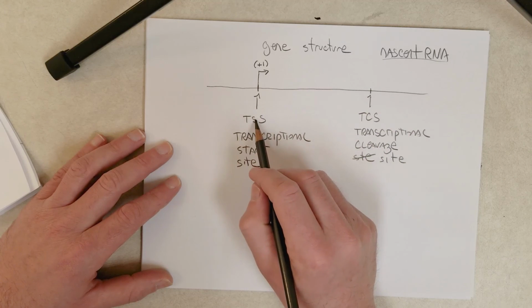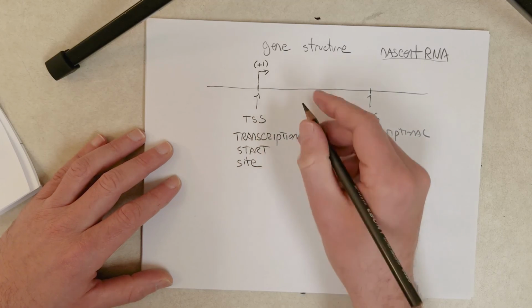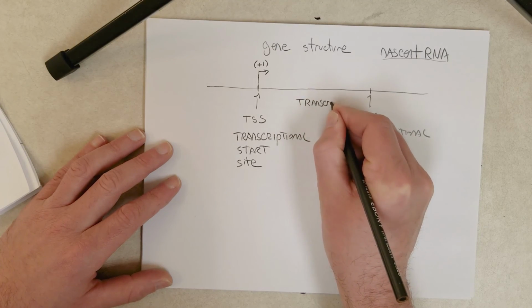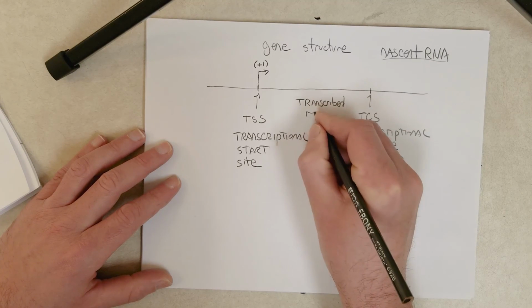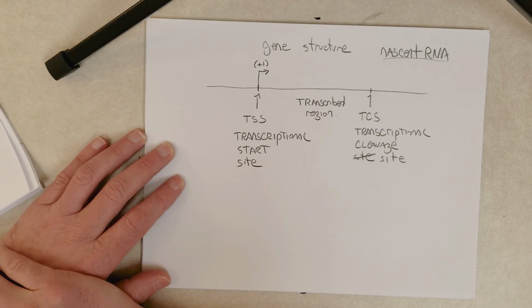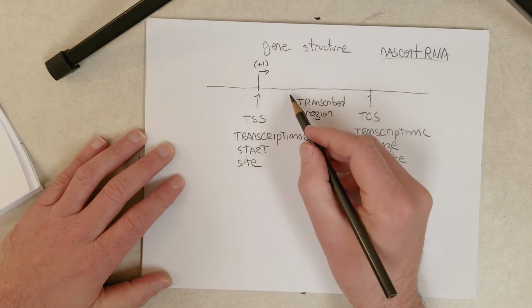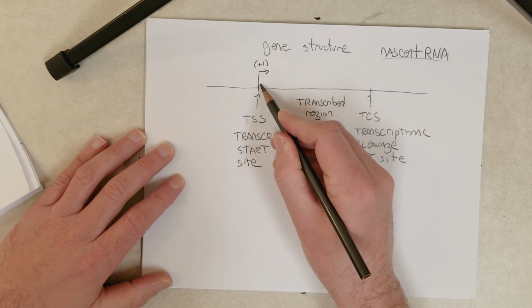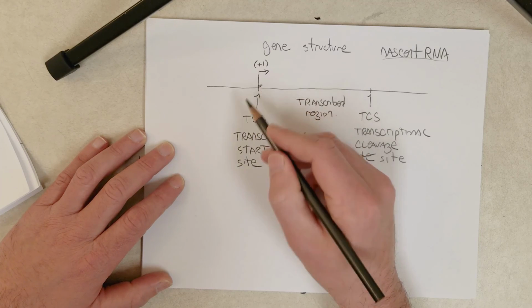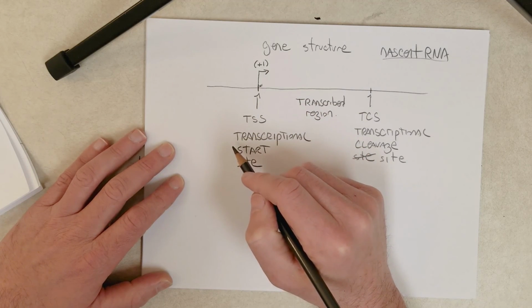Now the part between the TSS and the TCS is the transcribed region of the gene. When we talk more about protein coding gene structure in a future lecture, we will learn that students like to think that this transcriptional start site is also where the start codon for translation is, and that's not true for a protein coding gene.